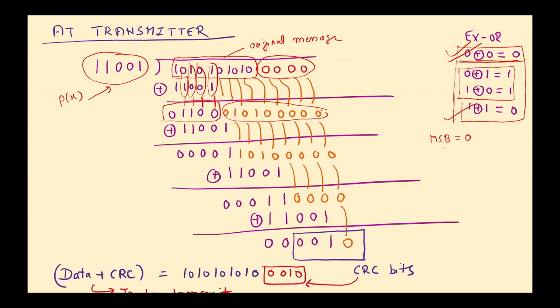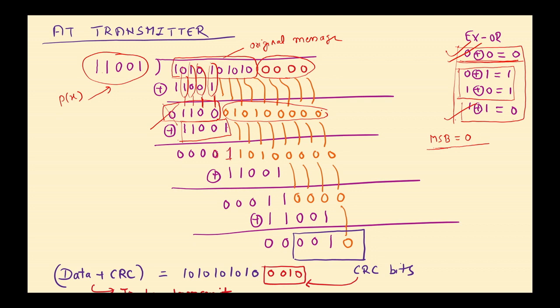Now, if you get the MSB value as 0, then this bit is to be ignored in the division operation. That's why this is not included in the division operation, and the same thing you write here. Again here you see 0 XOR 1, that means 1.